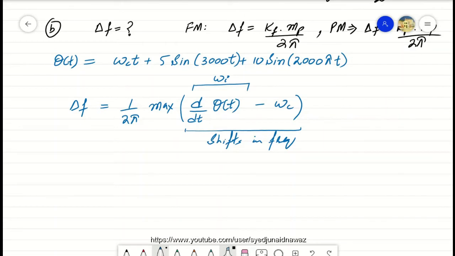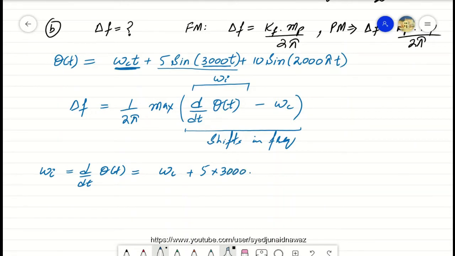So as the first part, if we take the derivative of the instantaneous phase to obtain the instantaneous frequency, the derivative of the first part will be equal to omega c, while for the second part of this instantaneous phase, we will get 5 into the derivative of the angle of this signal, that is 3000 t, which will be equal to 3000 multiplied by the derivative of sine of that angle, which is equal to cos of the angle.